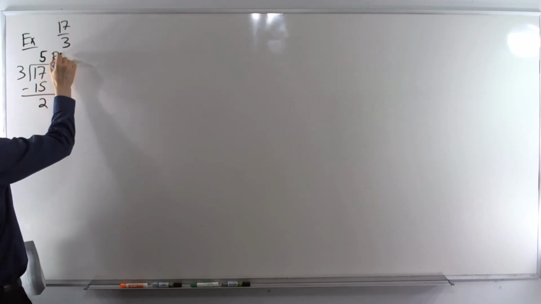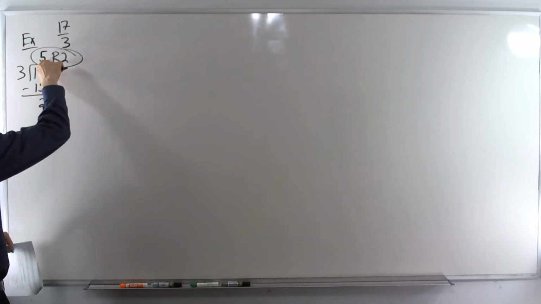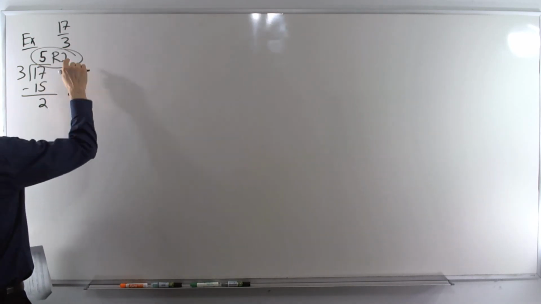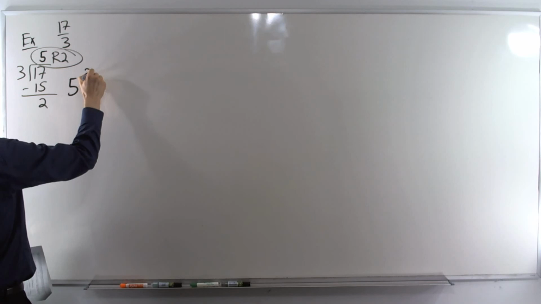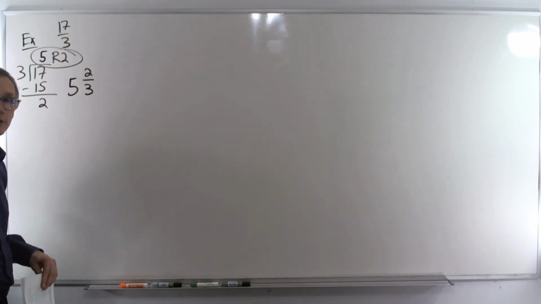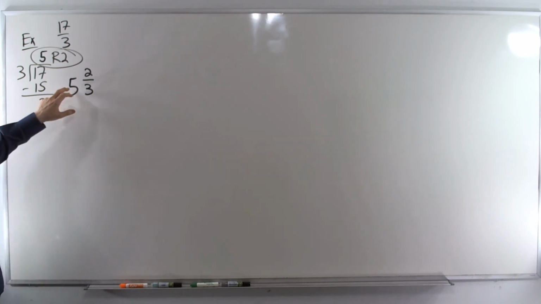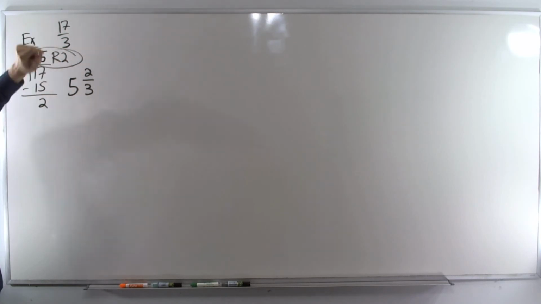So we get 5 remainder 2 from the division. 5 is the whole number, it stays the whole number. The remainder becomes the numerator, and the denominator never changes. 5 2/3. Now these are nice, you can do a quick check to make sure we're right. Whole number times the denominator, that's 15, plus 2 is 17. Matches.